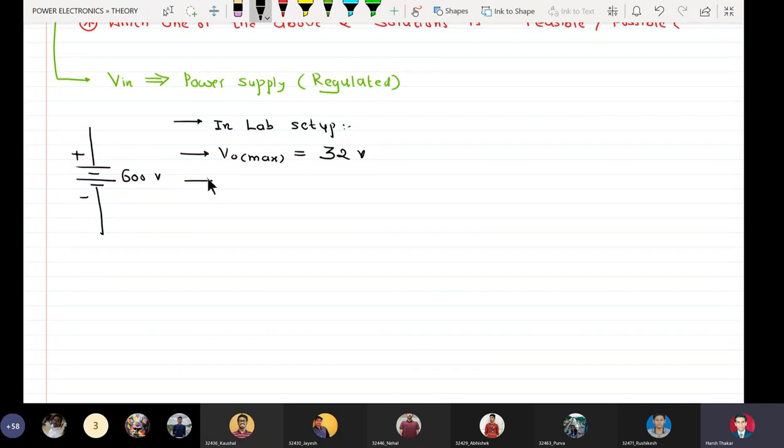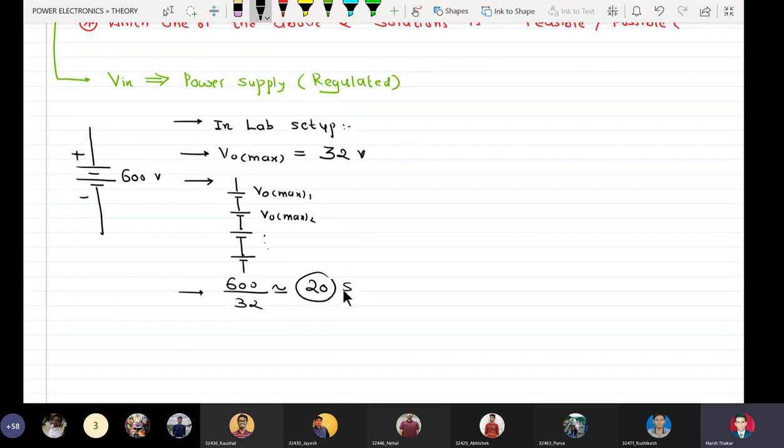Now if we want to generate 600 volts in the lab, then we have to connect power supplies in series, VO max 1, VO max 2. How many will you require? We require 600 upon 32, approximately 20 supplies to be connected in series.